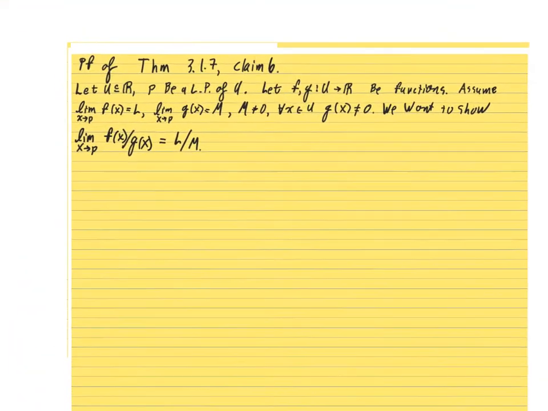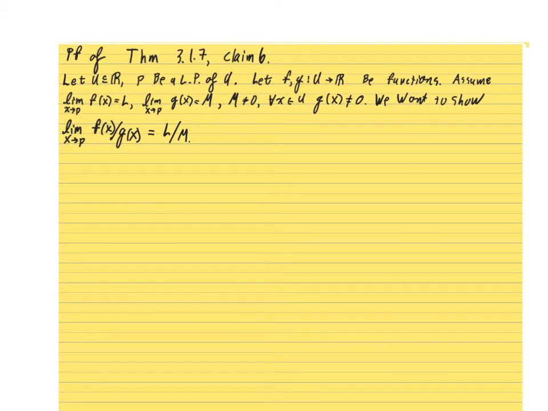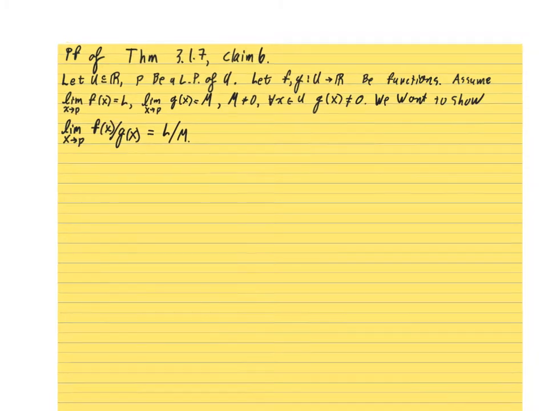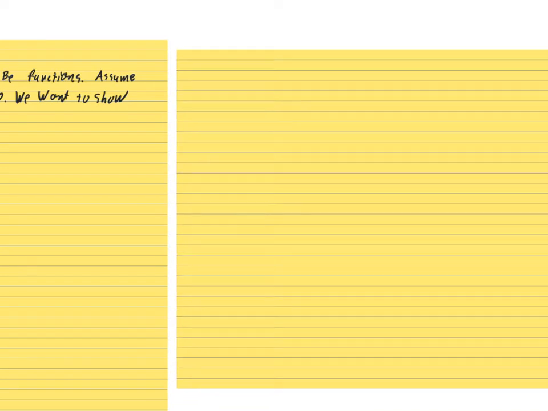This single yellow piece of paper will be plenty of space for the proof. I'm going to go to the side and give some motivation for how the proof will go. Off to the side in this yellow bonus paper I've just created, I'll go through the motivation for the proof of the argument.